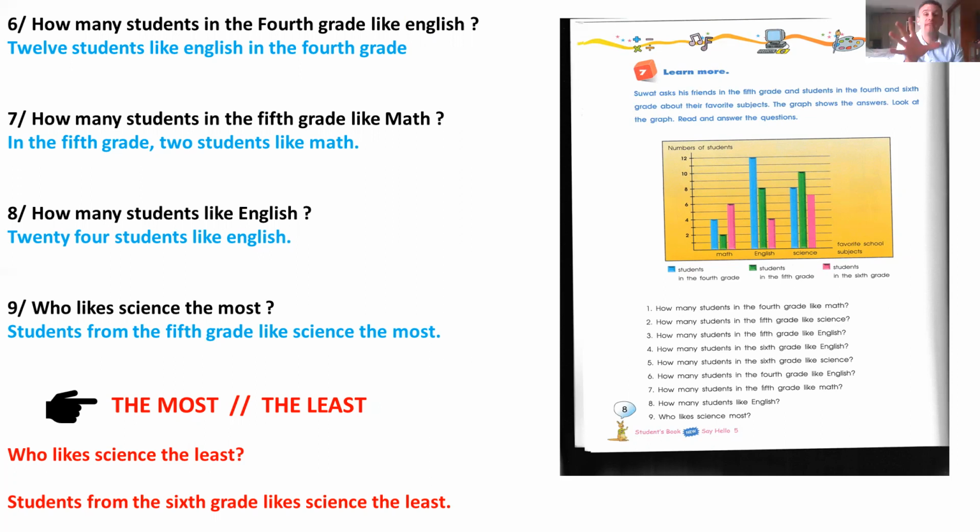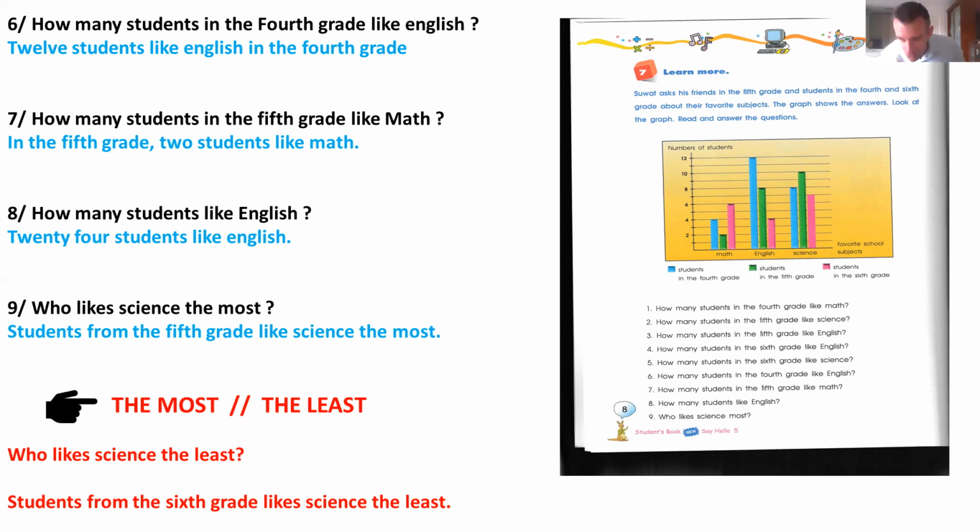So I just give you, sorry, a little example about the most and, in contrast, the least. So you have the most and you have the least. Okay, so I ask you a question about who likes science the least. So you take a look at the graph.